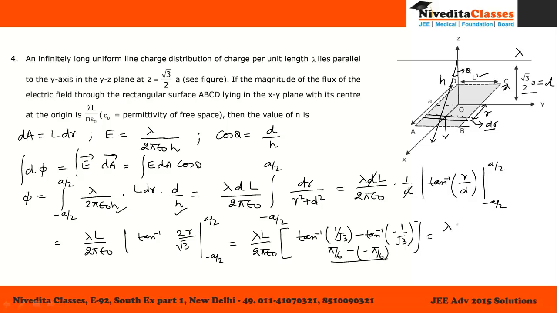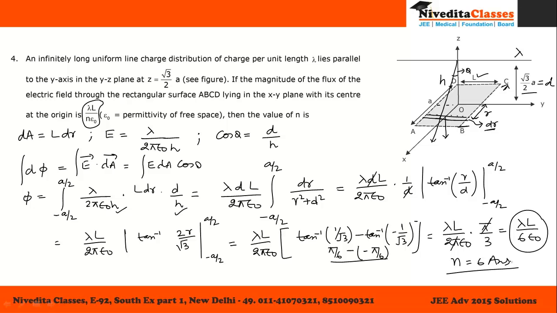So it is lambda L divided by 2 pi epsilon naught into pi by 3. The pi cancels out and we get lambda L divided by 6 epsilon naught. Comparing this with the value given in the problem, the value of n is equal to 6, which is our answer to the problem.